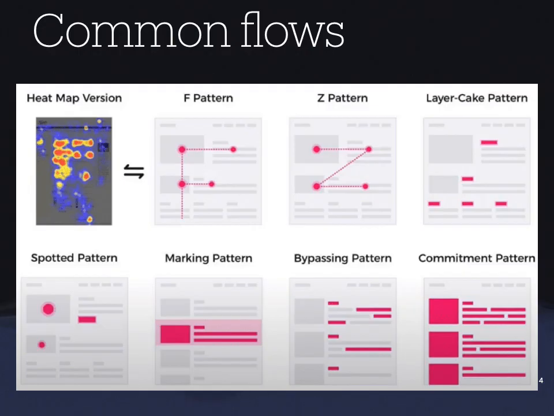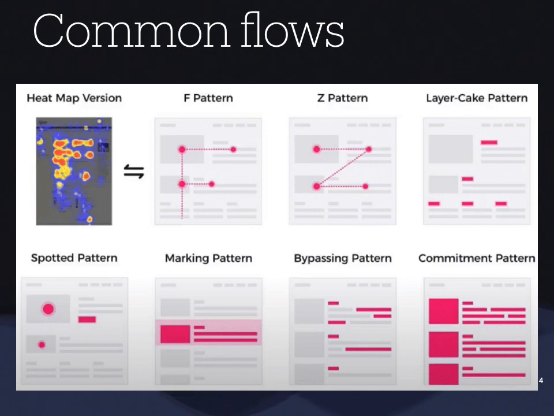The layer cake pattern shows people jumping around, looking a little bit at the top, a little bit at the middle, and then all the way across at the bottom. Spotted pattern has 3 areas indicated, going from upper left to upper right to mid left. What they call a marking pattern is when someone zeroes in and focuses on just one area.